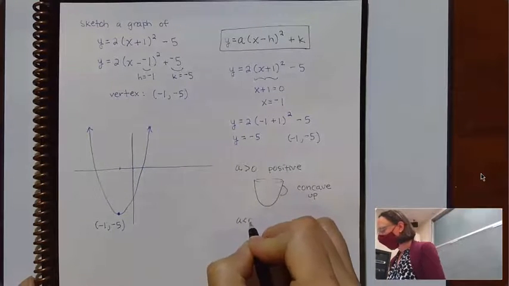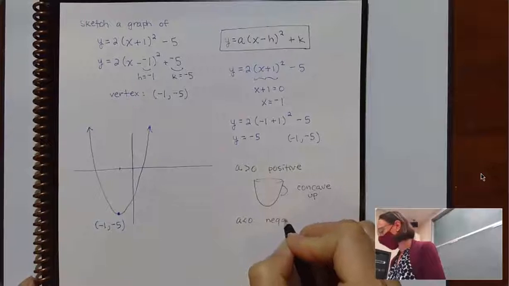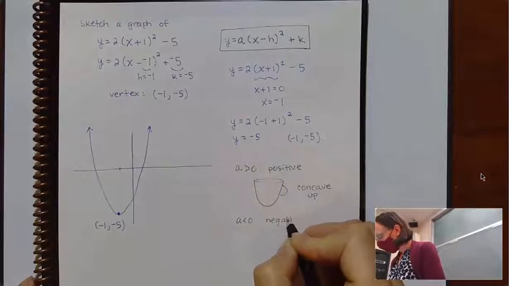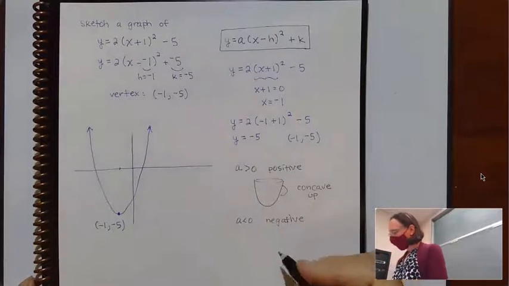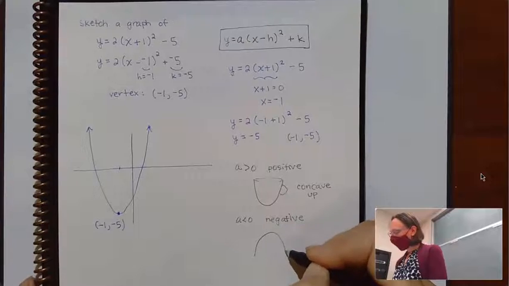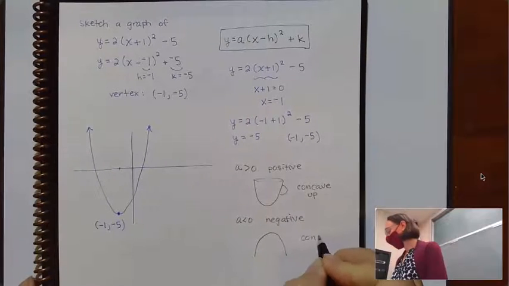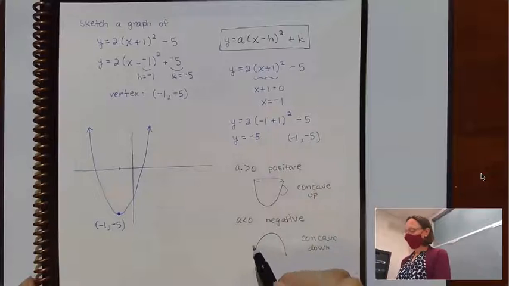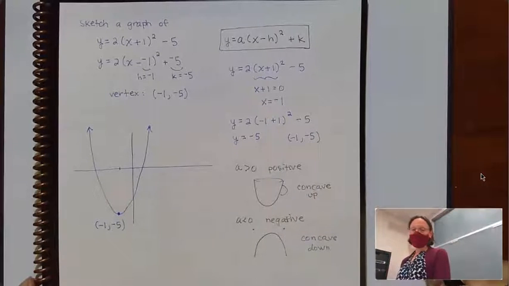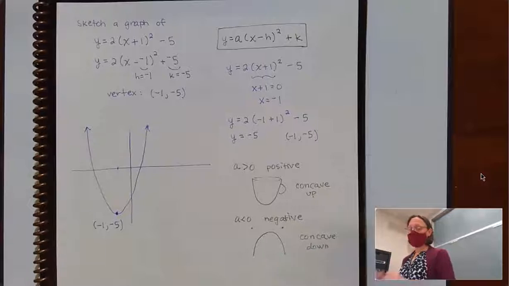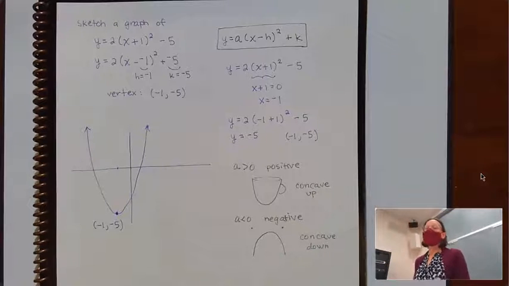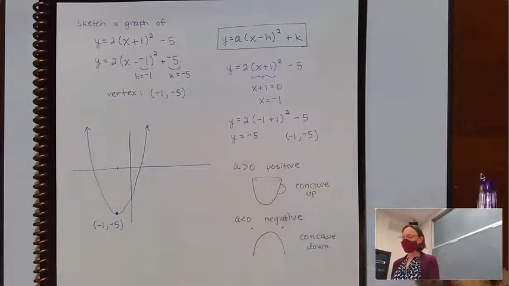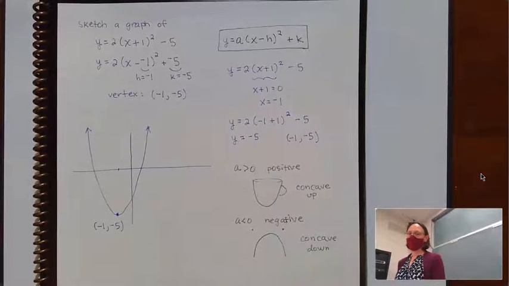And if a is negative, then our parabola is concave down, like a frown. Dumb, but maybe it'll help you memorize the thing. So let's sketch one that is concave down, just so that you can see what that shape would look like.